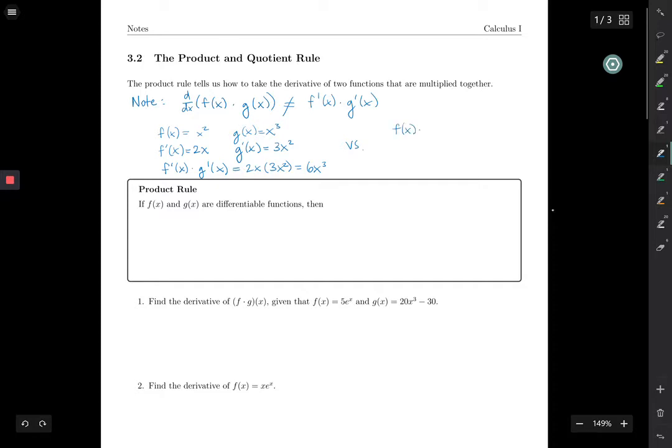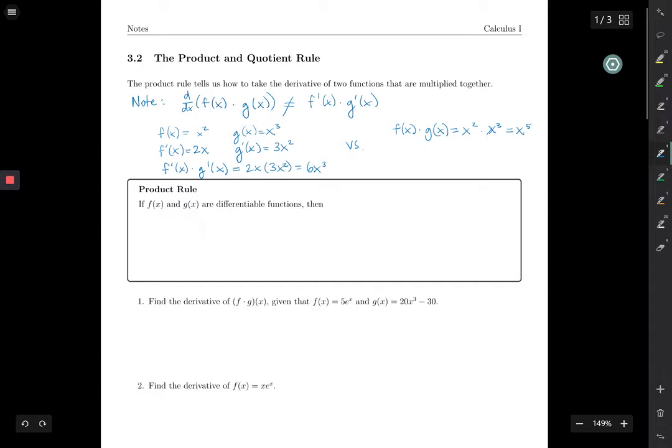So to do that, we just multiply their equations together. So x squared times x cubed, which is x to the fifth.